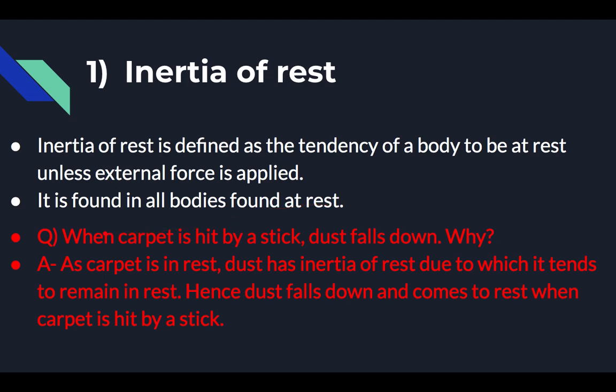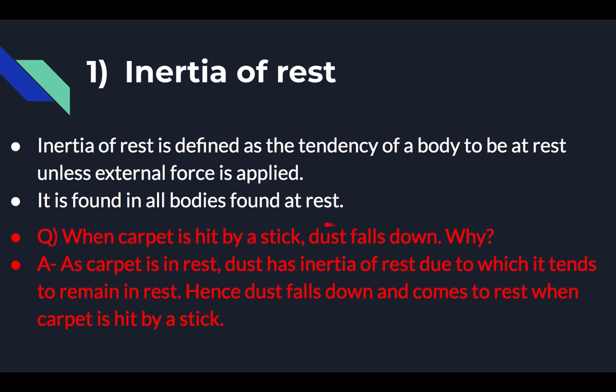So here is one example. When a carpet is hit by a stick, what do you see? You can see dust falling down. Why? Here the carpet is at rest. When the carpet is at rest, then naturally the dust which is present inside the carpet is also at rest. That means they have inertia of rest, they want to be at rest. But what you do, you hit it with a stick. So when you hit it with a stick, the carpet comes in motion.